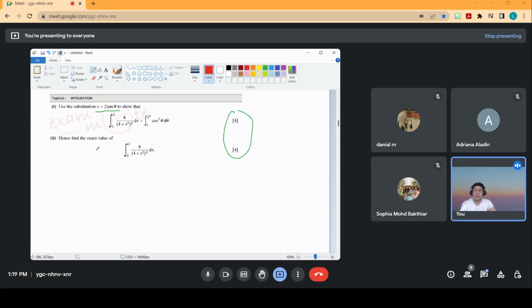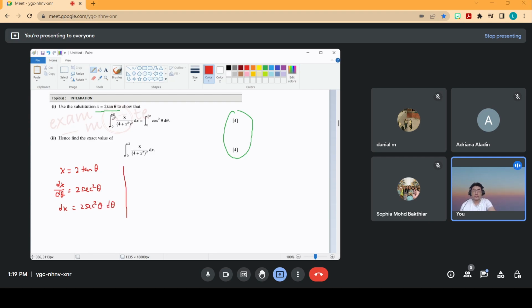So how do I actually do this? From x equals 2 tangent theta, dx over d theta equals 2 secant square theta. Then I will write dx equals 2 secant square theta d theta.